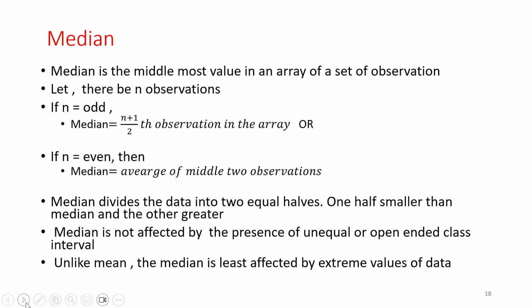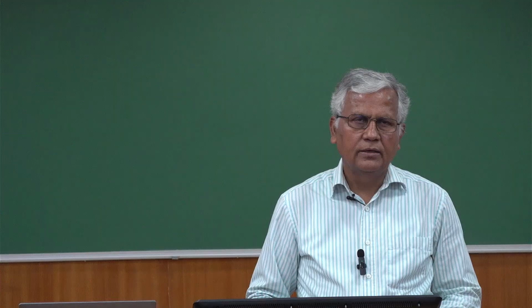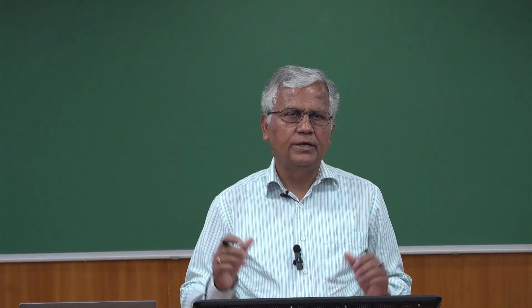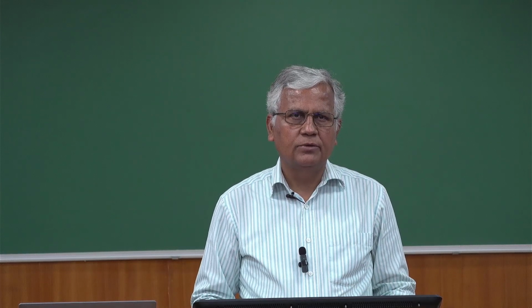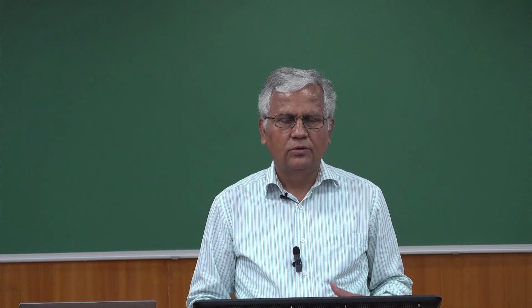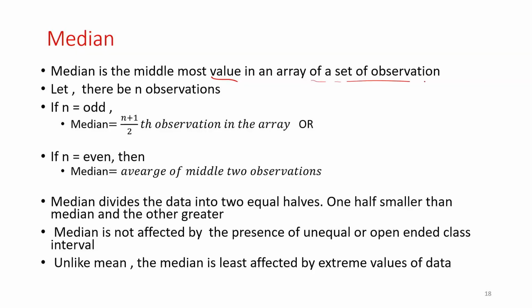So after discussing the mean, the next important thing is the median. This is also something which is important for us to know. What is the median value? Median is the middlemost value in the array of a set of observations. Let there be n observations.